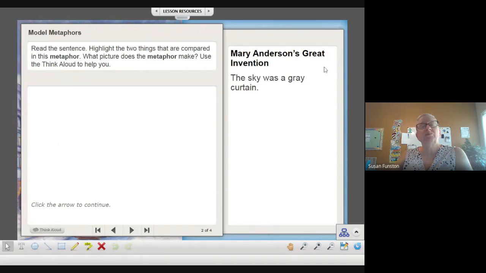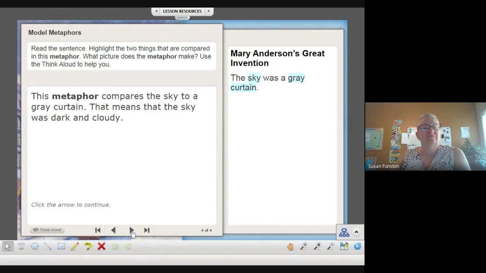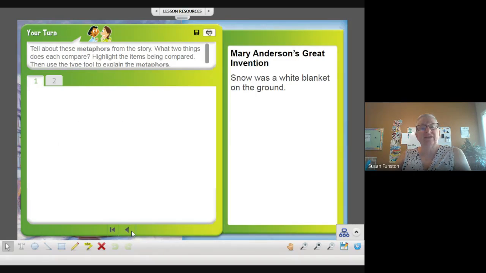And does this give you a picture in your head of kind of a thick grayness in the air? It does for me. So this is an example of another metaphor. The sky was a gray curtain. So it means that the sky was dark and cloudy.